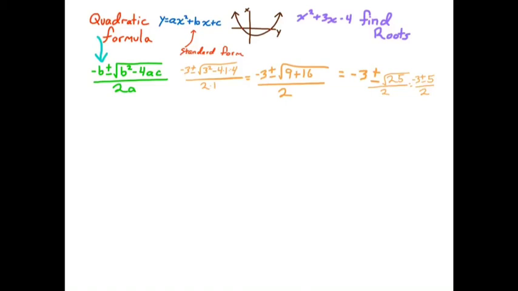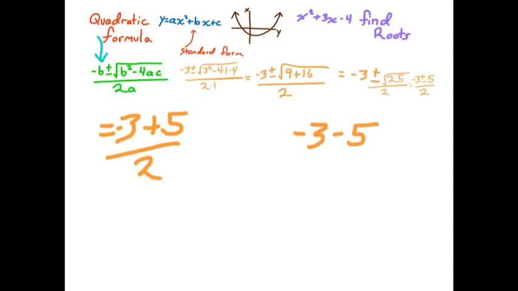So at this point, we now have 2 equations. The first equation is negative 3 plus 5 divided by 2. The second is negative 3 minus 5 divided by 2. Well, on the first side, you have negative 3 plus 5.